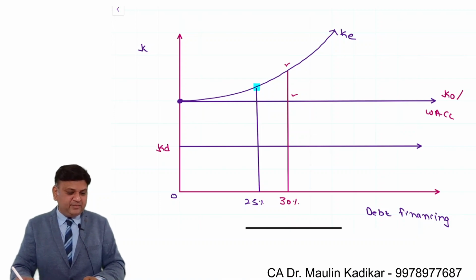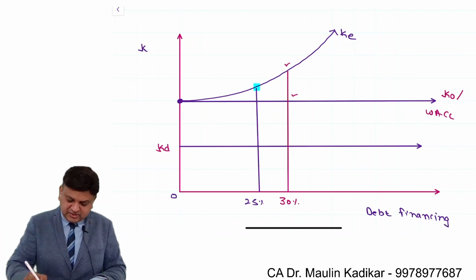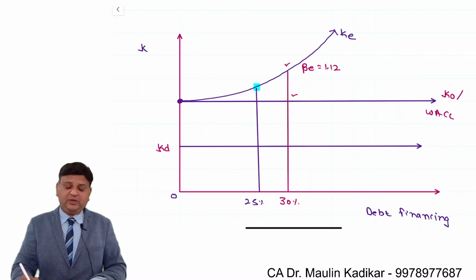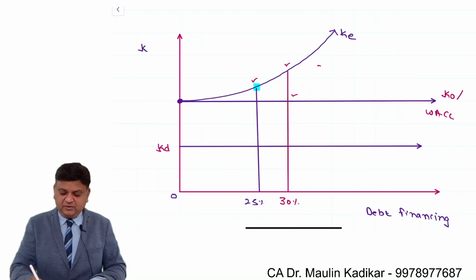As far as the Nokia company is concerned, its equity beta is provided to us as 1.12. Beta of equity for the Nokia company is 1.12. That is provided to us. Now this is what we are required to compute, and with that the cost of equity and weighted average cost of capital are required to be calculated.